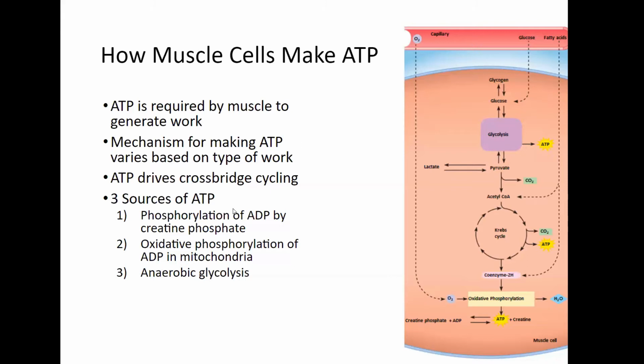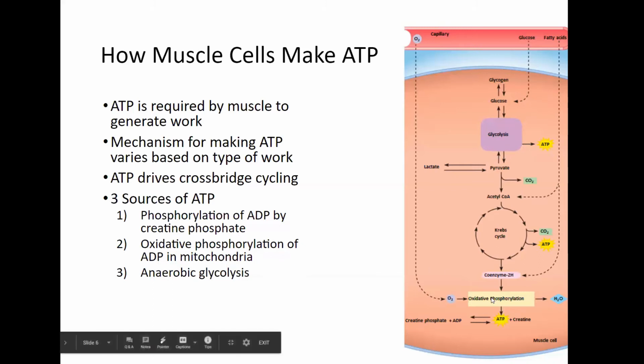Okay. So we have three sources that we can use. I'm going to touch on points 2 and 3 first, because they should be familiar to us, and we'll jump back to point 1. So the one we've talked the most about, I should say, is number 2 here, the oxidative phosphorylation in the mitochondria. So that's where we had the electron transport chain. We had all those electron carriers, bringing those electrons to the electron transport chain.